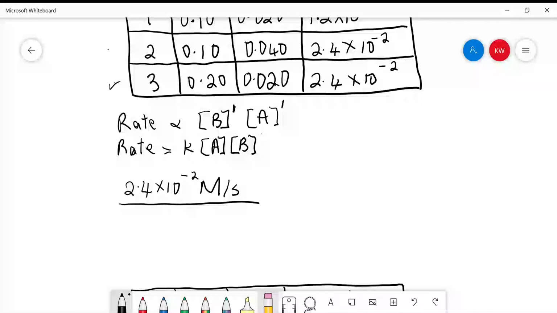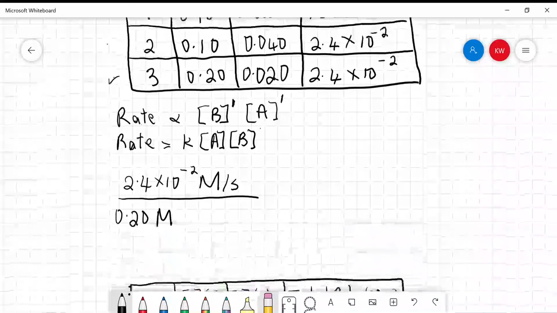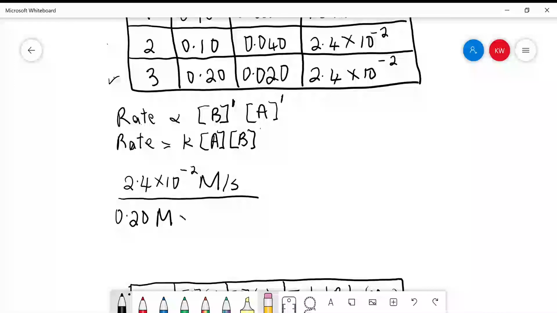Since we're looking at 3, A is going to be 0.20, and the unit again is big M, times B, which is 0.020 times big M. So rate over A and B gives us k.